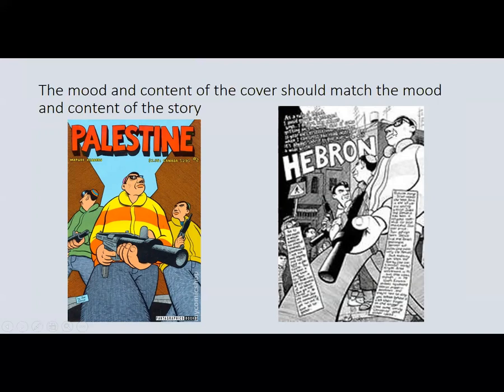If this is a book that's going to have violence in it, you don't want to come to the cover and put a bunny rabbit eating a carrot. So you want to match the intensity of the mood and the content of the story.